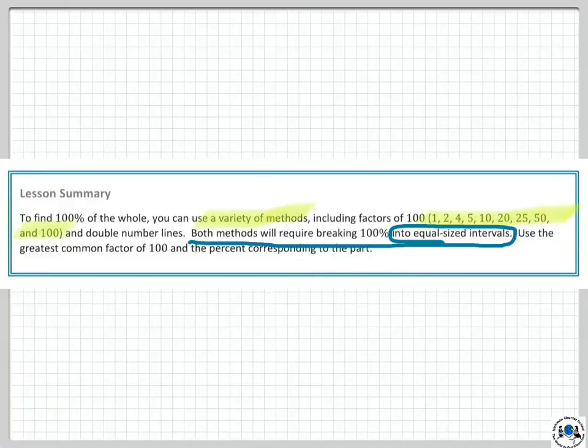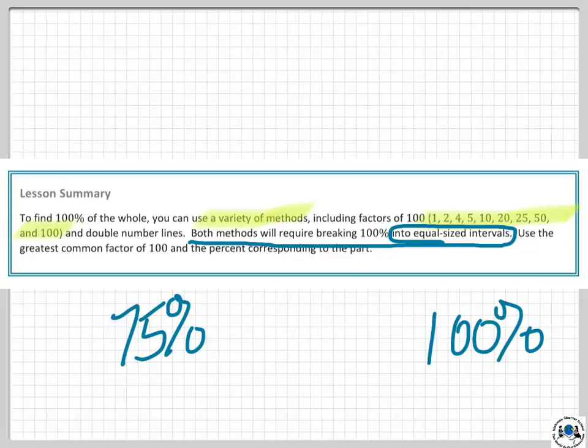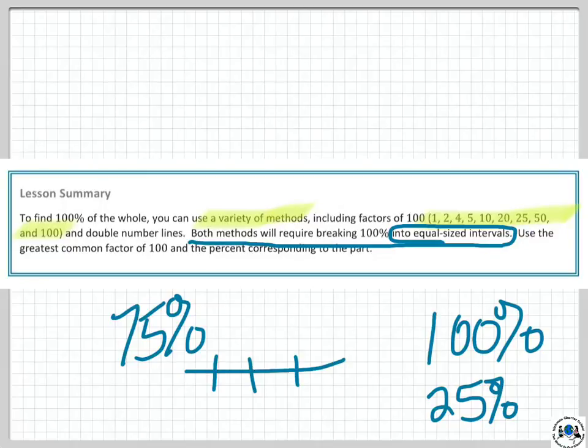Sounds a little complicated, but you saw what we did with the number lines. If you're talking about 75% and 100%, the greatest common factor of those two is 25, so we would split a number line into four 25% pieces. That's what that whole GCF idea means.